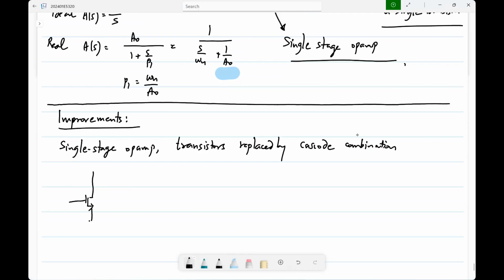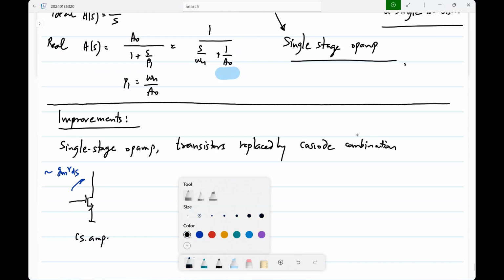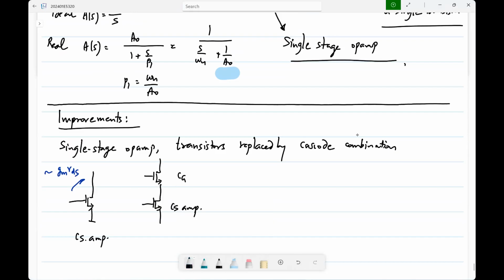This is a common source amplifier, and the gain magnitude is of the order of gm rds. Now, if you use a combination of a common source amplifier and a common gate amplifier, this incremental is grounded.